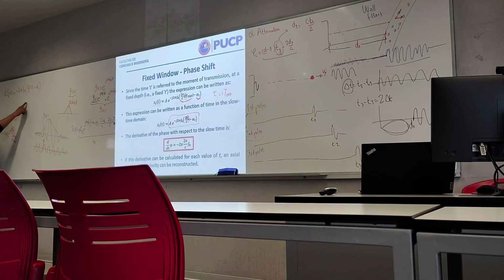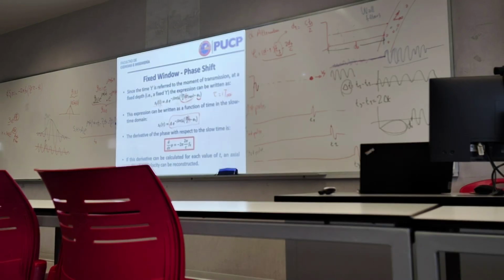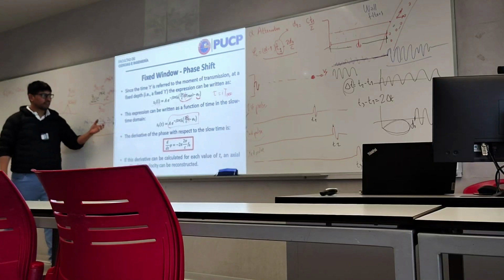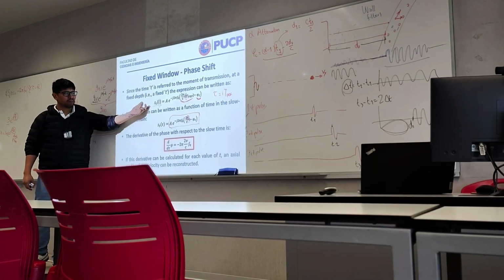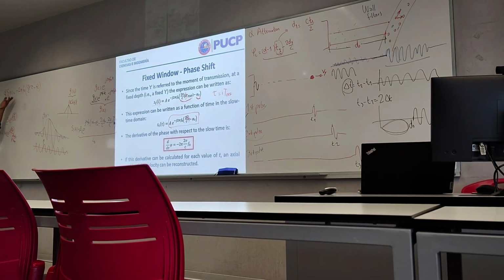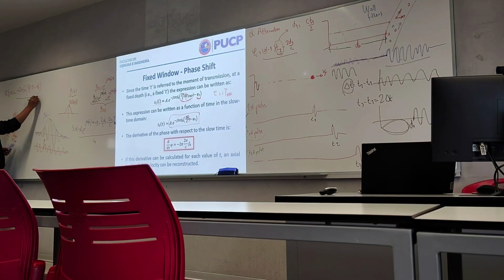The phase is something that can be calculated. We can see the signal demodulated, and from that demodulation, we can get the slow time signal very easily. And from that slow time signal, we can just calculate the phase. So this task is also doable. Okay, so assume we know this.